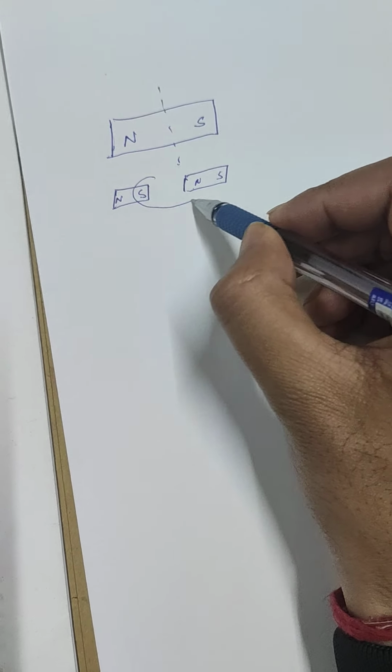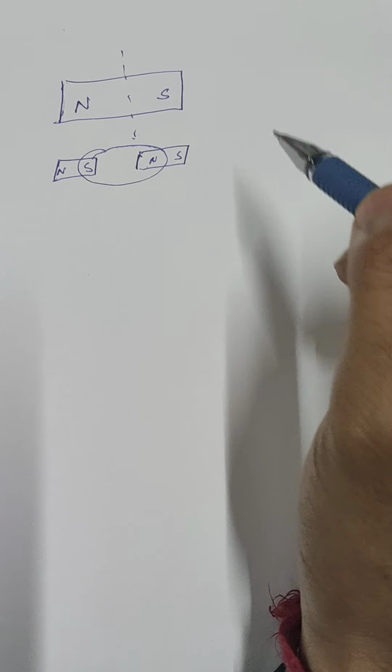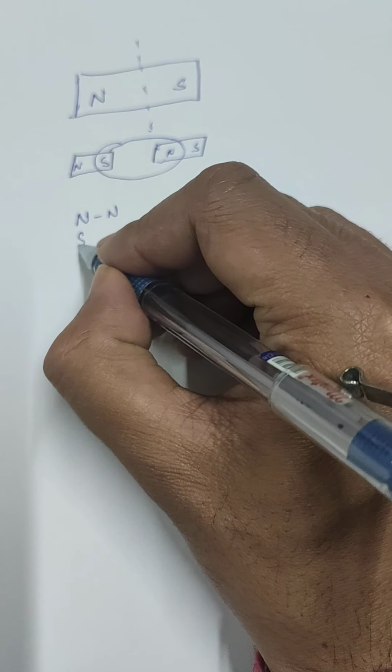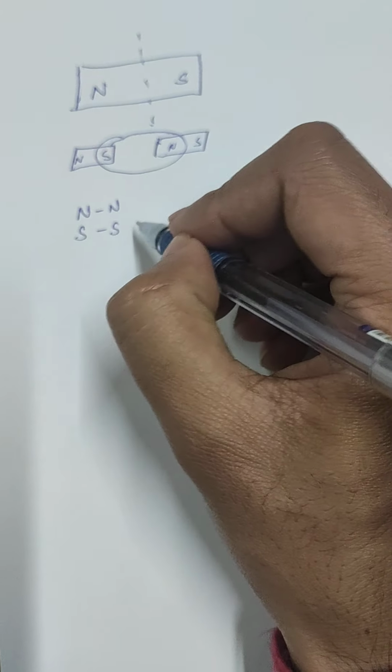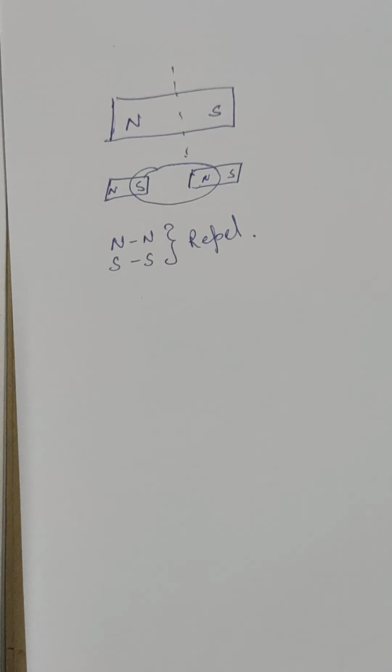If two opposite poles come together, there will be an attraction. If similar poles come together, that is north-north or south-south, they will repel each other.